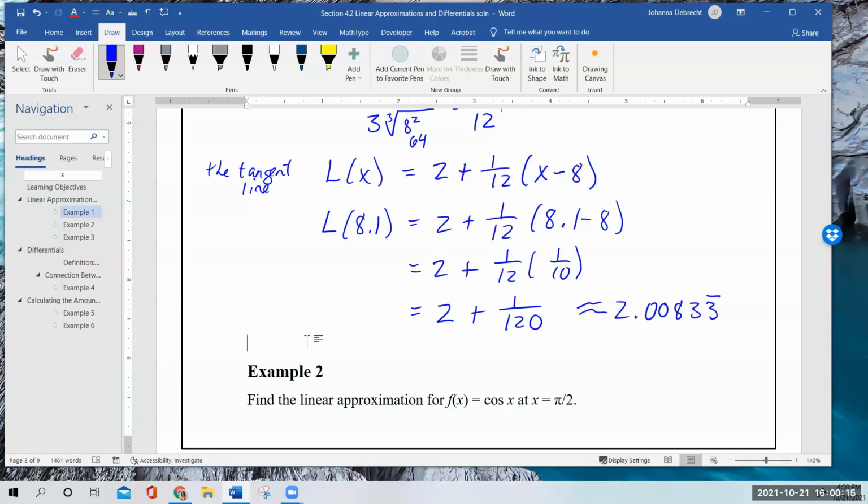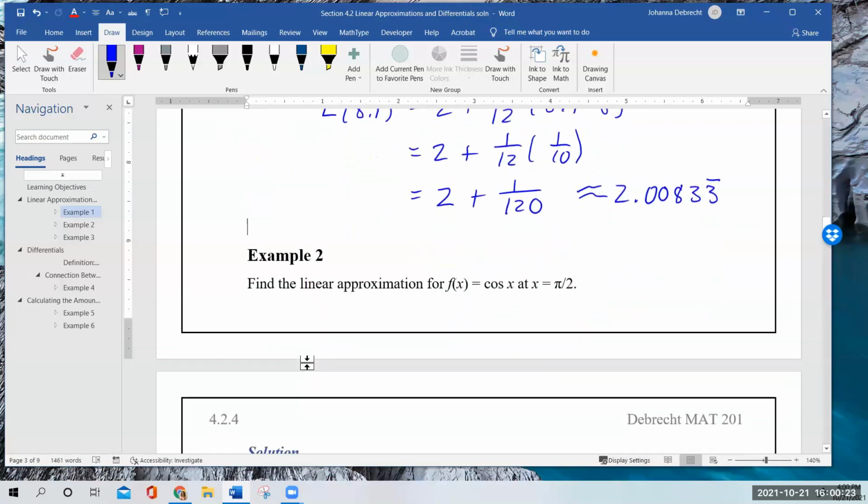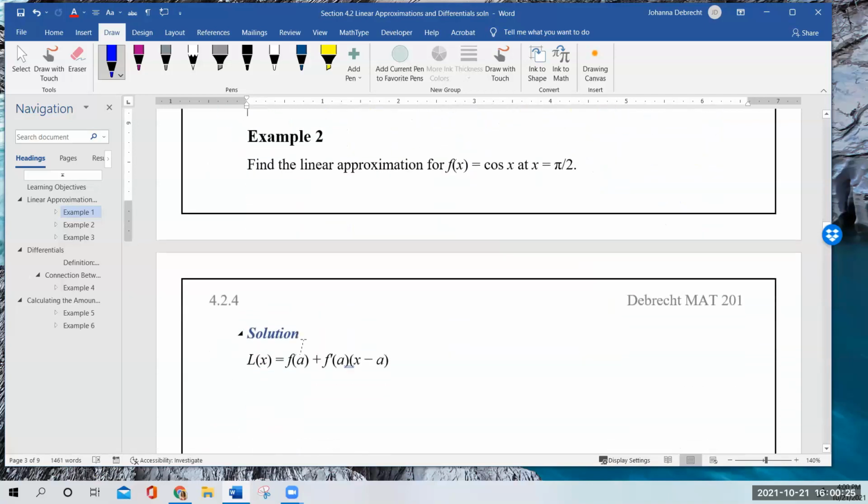Let's now take a look at example 2 and see what example 2 looks like. In example 2, we're to find the linear approximation function for f of x equal to the cosine of x at x equal to pi over 2. Again, we need to find the pieces of the linear approximation function, the function value at a and the derivative at a.